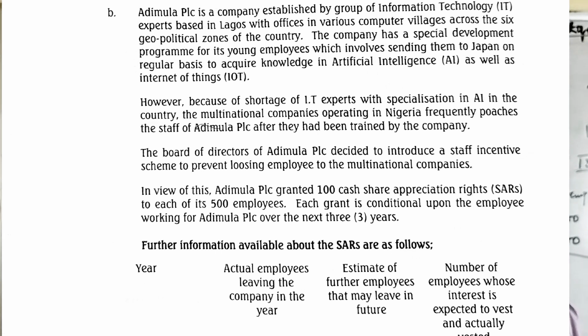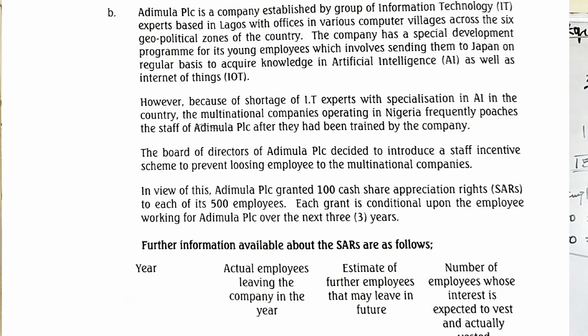The company has a special development program for its young employees, which involves sending them to Japan on a regular basis to acquire knowledge in artificial intelligence, as well as Internet of Things. However, because of a shortage of IT experts with specialization in AI in the country, multinational companies operating in Nigeria frequently poach the staff of Adimola PLC after they have been trained by the company.